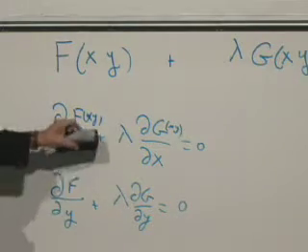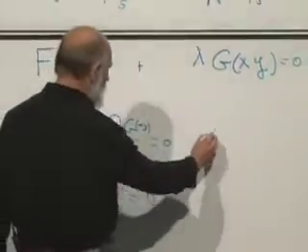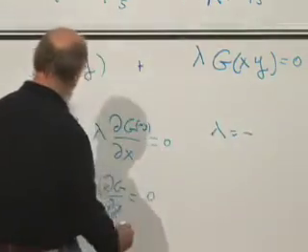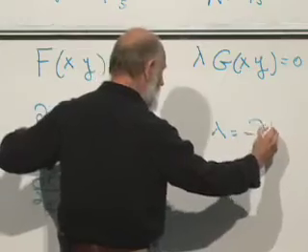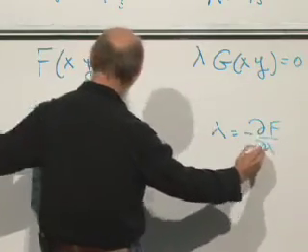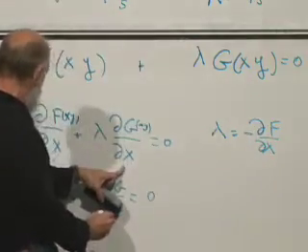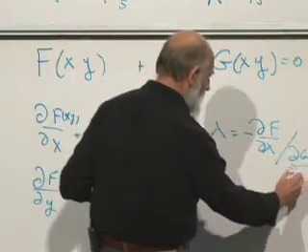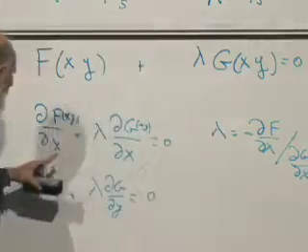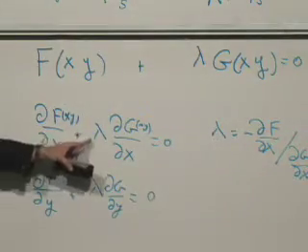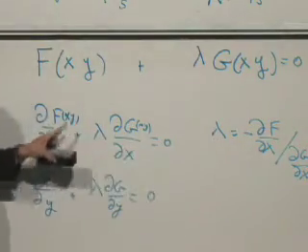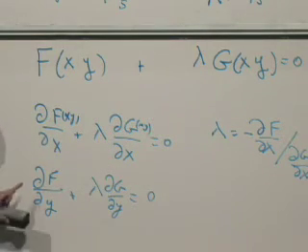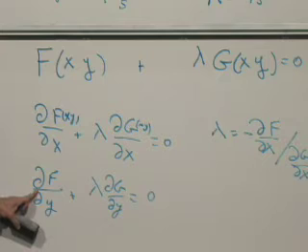All right, so let's see. Here lambda, it says lambda is equal to minus df by dx divided by dg by dx. Is that right? Let's see. Yeah. Minus, because I've got the transpose, and then lambda will be df by dx divided by dg by dx. Now let's plug it into here.